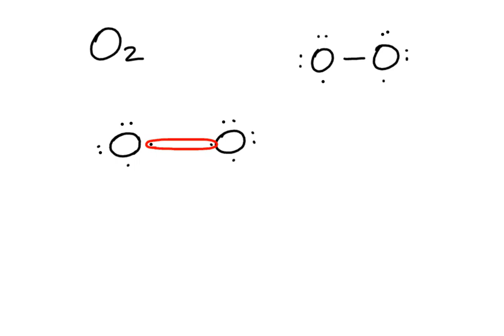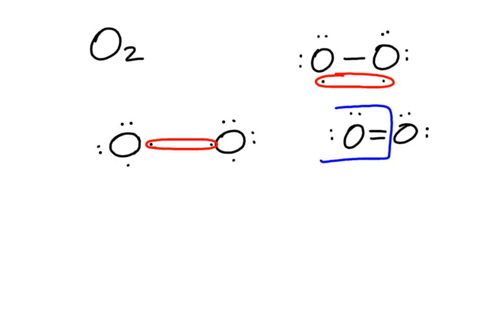So as it turns out, the oxygen will actually share more than one pair of electrons. And like I said, you've seen those before, they're called double bonds. Okay? So now if you count the number of electrons in each oxygen, this oxygen right here has 2, 4, 6, 8.